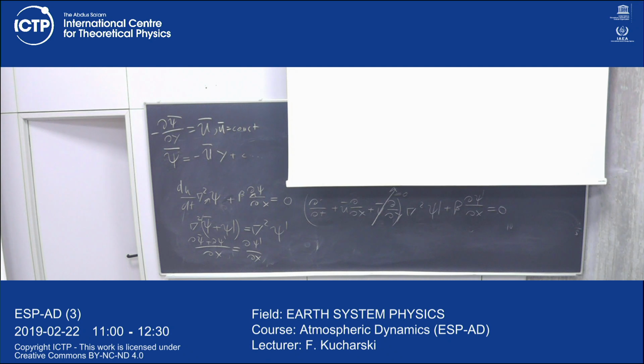Very simple. The time derivative gives us minus i nu down here, and in the end we divide by the i. The x derivative gives us ik down here.